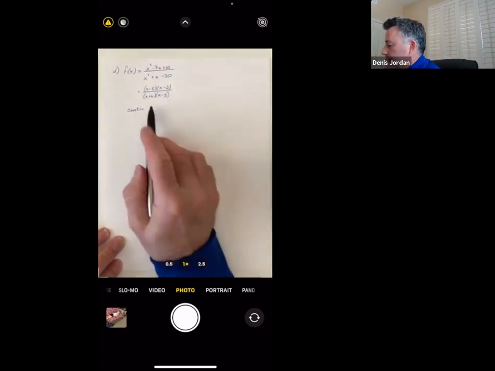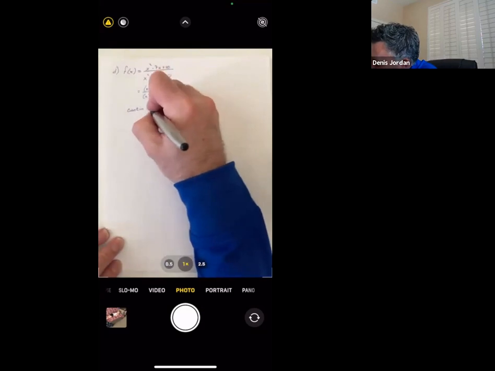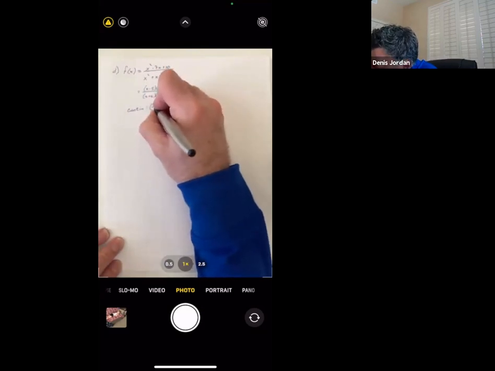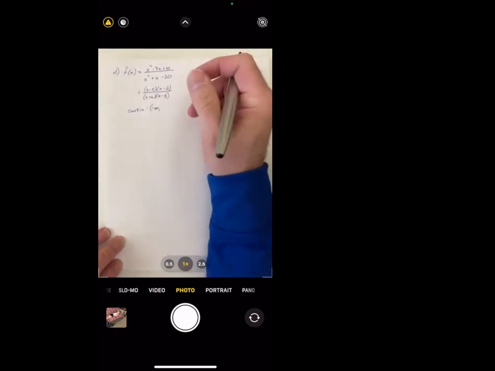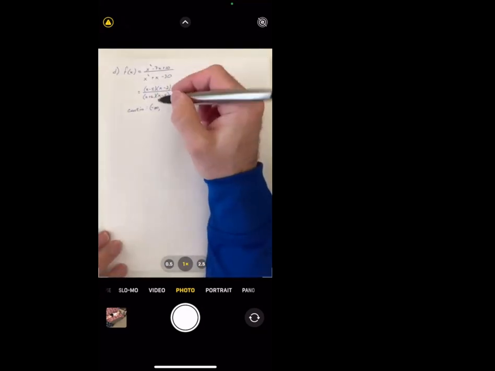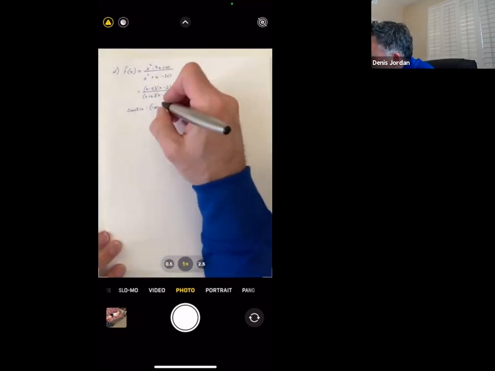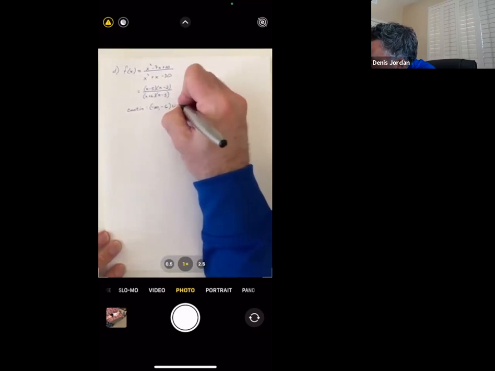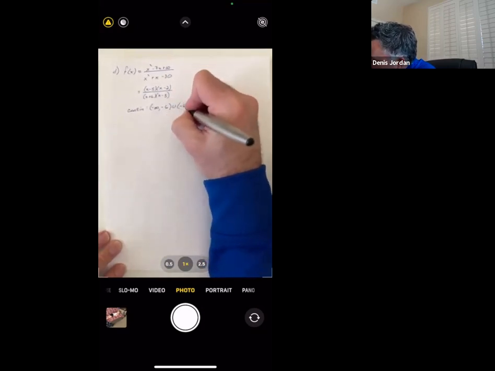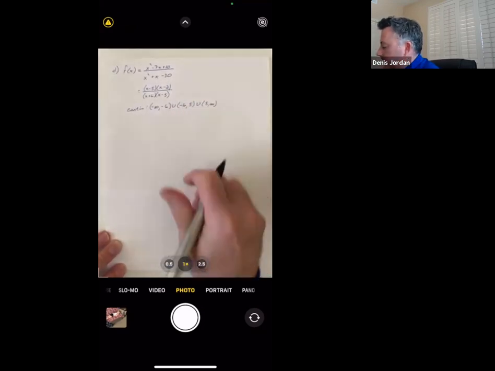So for this function, what makes that denominator 0? Is that -6 and 5? Yeah, -6 and 5. So we just want to leave those out of the continuity. So negative infinity to -6, and -6 to 5, and 5 to infinity.